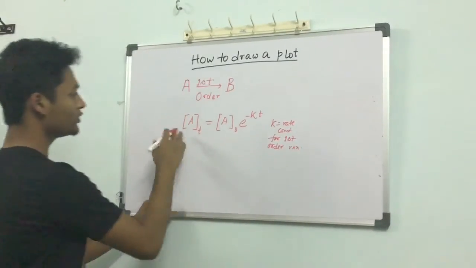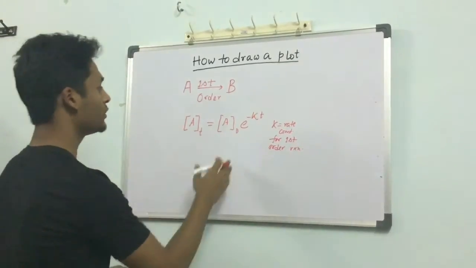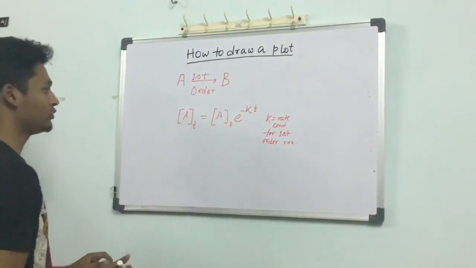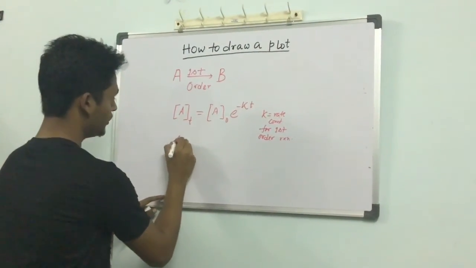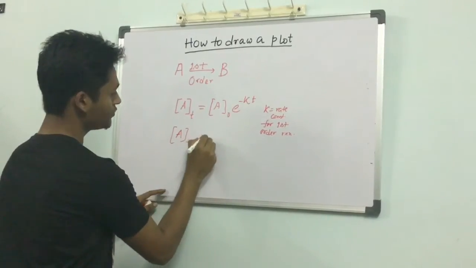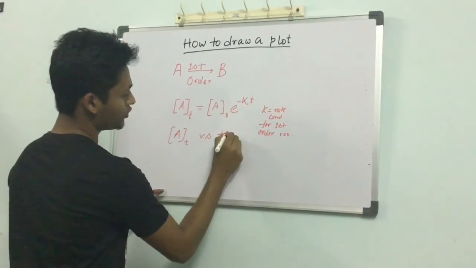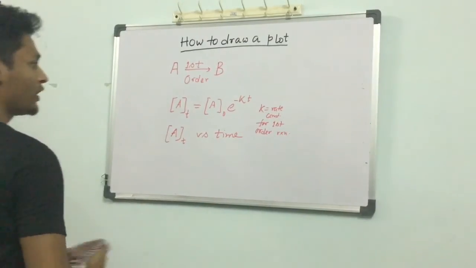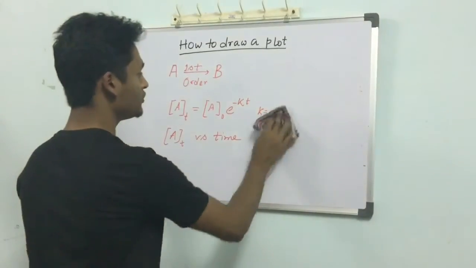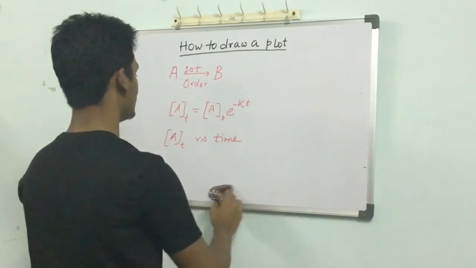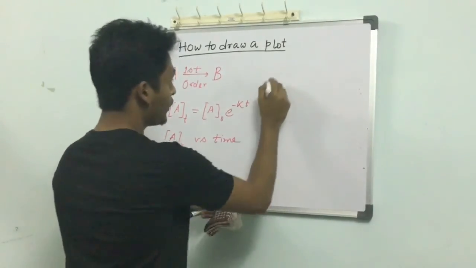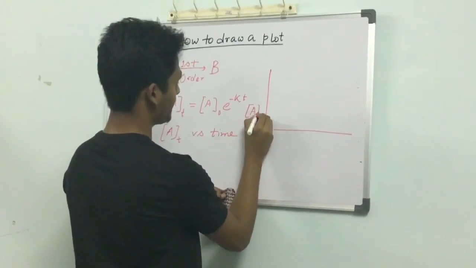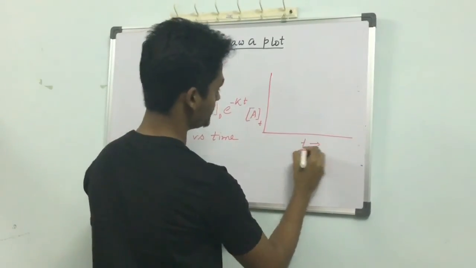You know this, I am not going to do the mathematics of how I am deriving this. I just want to draw the plot between A_t, that is concentration, versus time. Okay, so this is also a normal exponential function. A_t versus t.